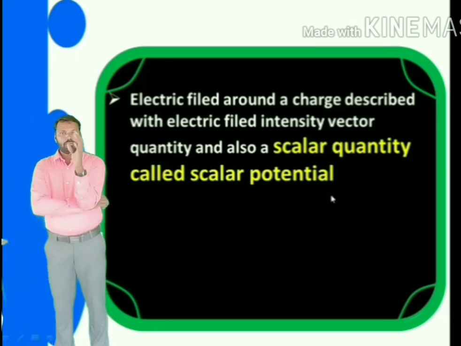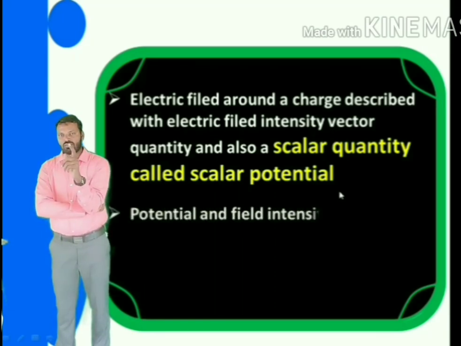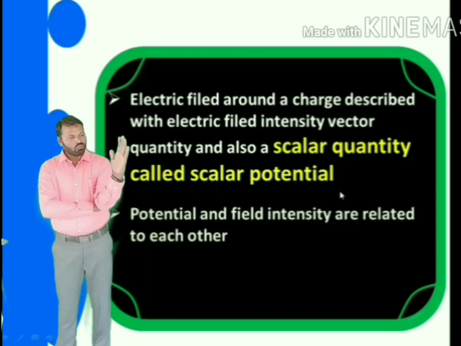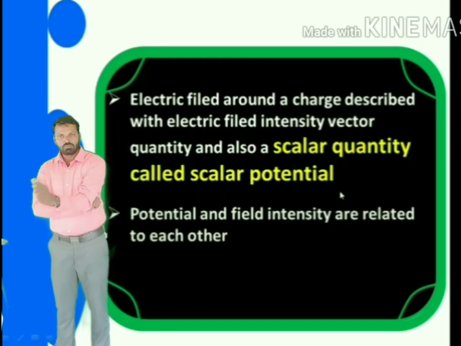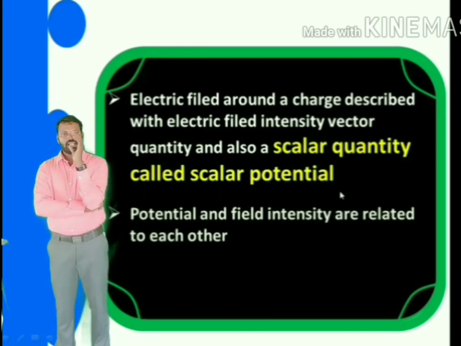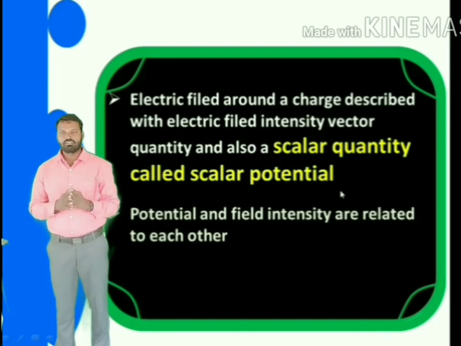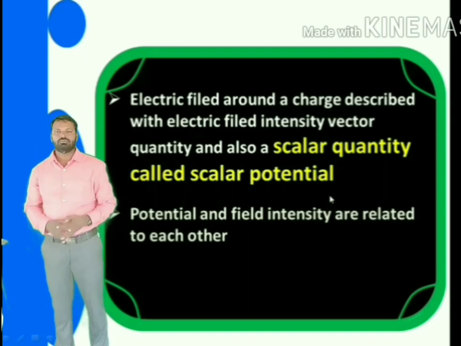So the main significance of electric potential is that it indicates the flow of charge. Always electric charge flows from high potential region to low potential region. And electric potential is a scalar quantity which is used to describe the electric field surrounding a charge.